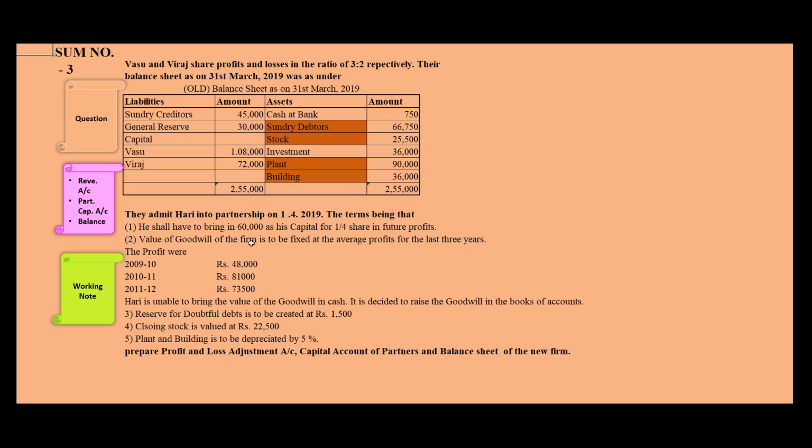Value of goodwill of the firm is to be fixed at the average profit for the last 3 years. Profits are as under. So I'll write here calculation of goodwill.